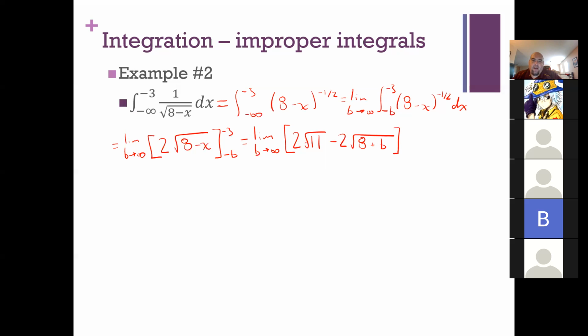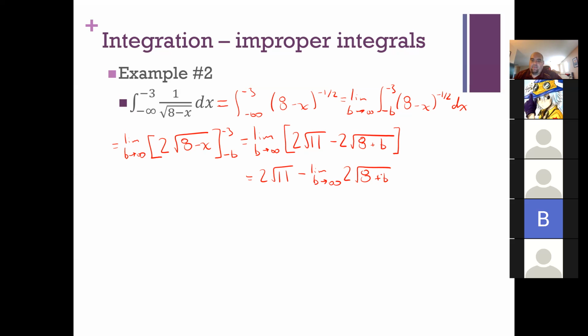So 2 times radical 11 is clearly finite. So let's do this. 2 times the square root of 11 minus the limit of b going to infinity of 2 times the radical 8 plus b.